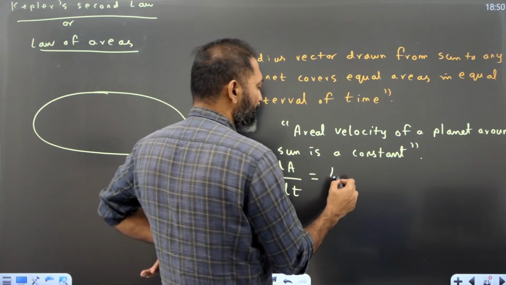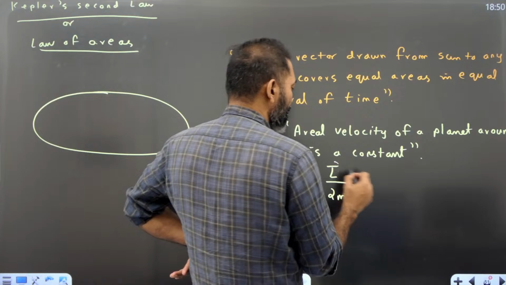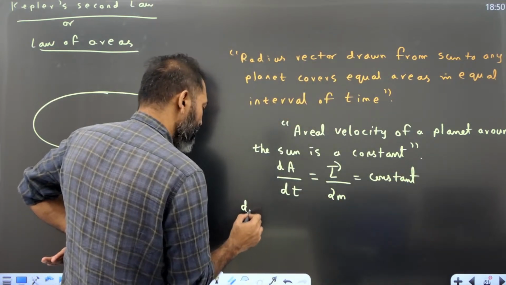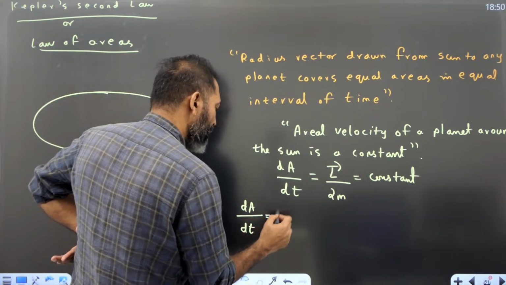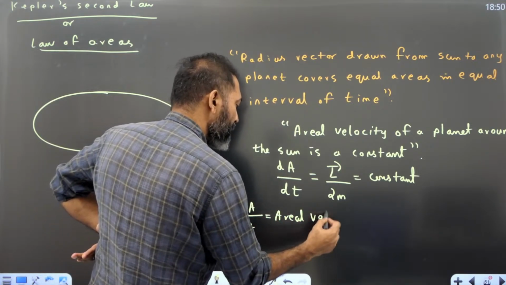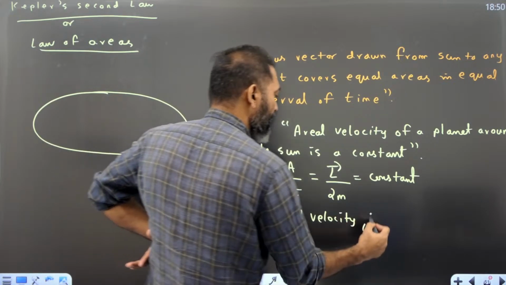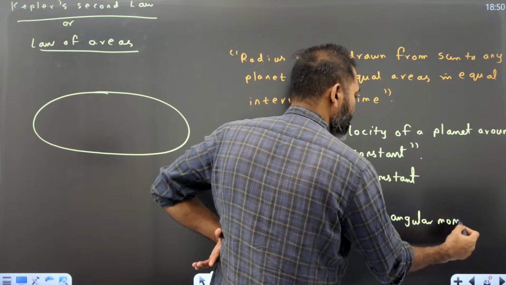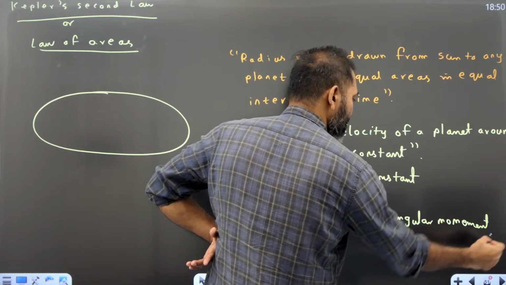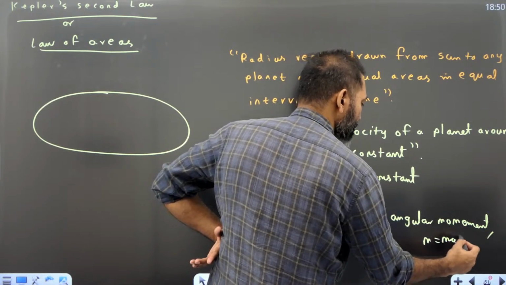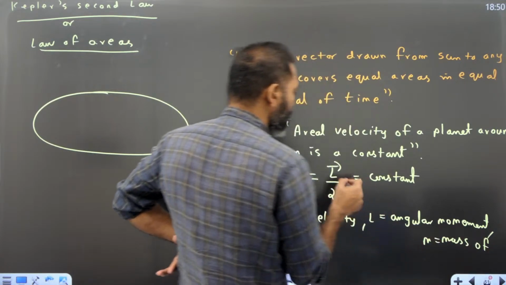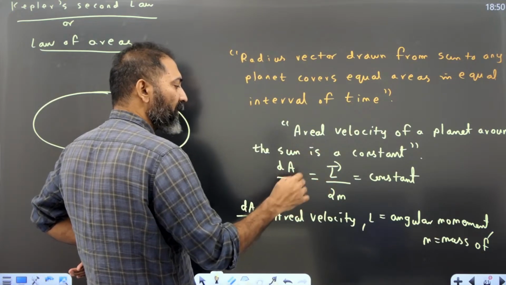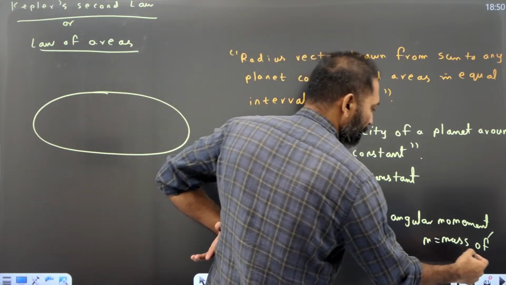Aerial velocity is equal to L by 2m, which is equal to a constant. What is L? Angular momentum. What is m? Mass, which is also a constant, mass of the satellite. So why is aerial velocity a constant? Because aerial velocity is L by 2m. Angular momentum is a constant when a body is in rotational motion. Then mass is also a constant. Mass of satellite.